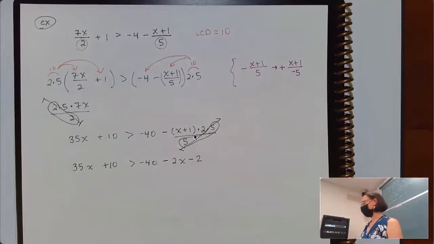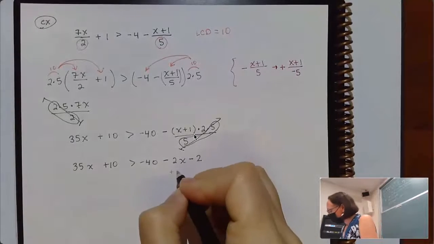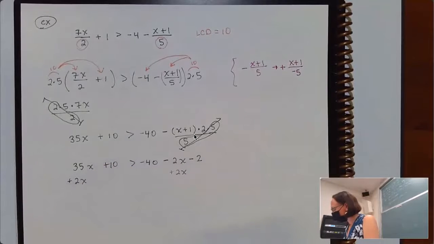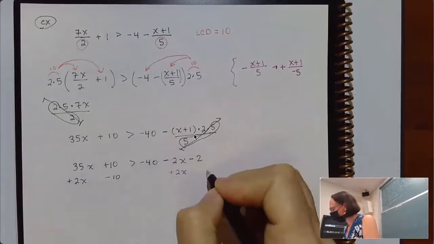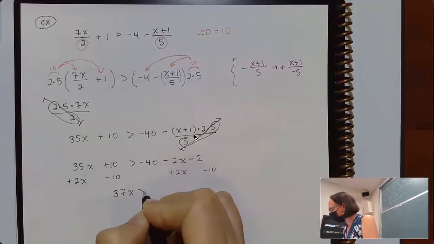Okay, now I'm looking at this and I'm saying, which side should I put my x's on so that the coefficient ends up positive? In this case, I want them on the left. So I'm going to add 2x to both sides and subtract 10 from both sides. On the left, I'm going to end up with 37x.